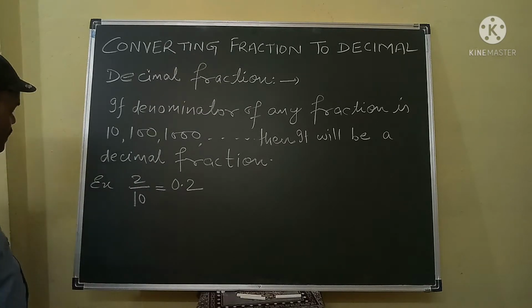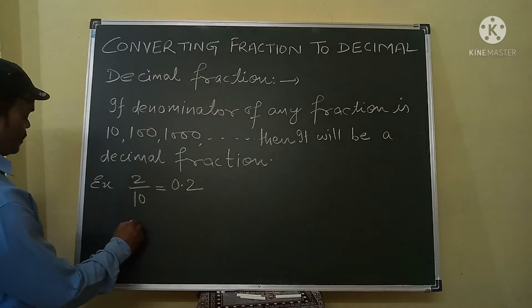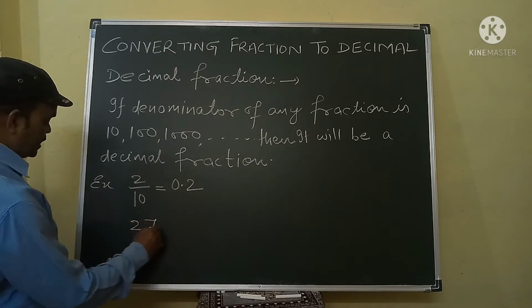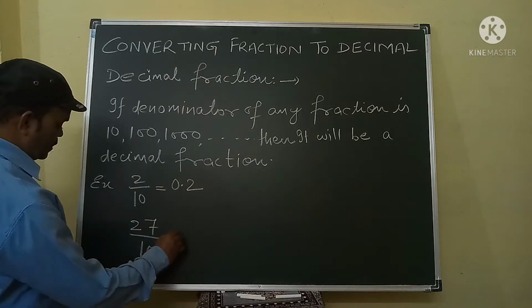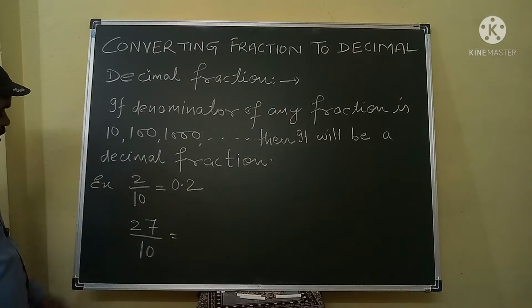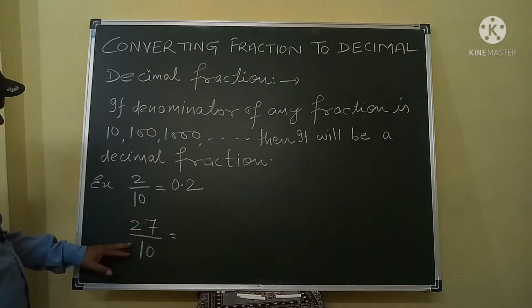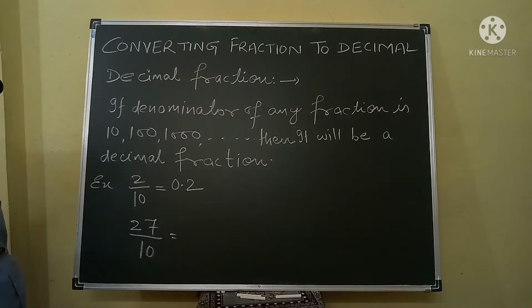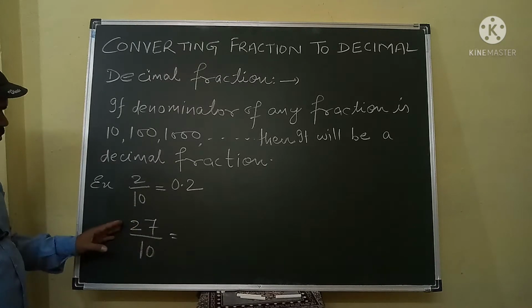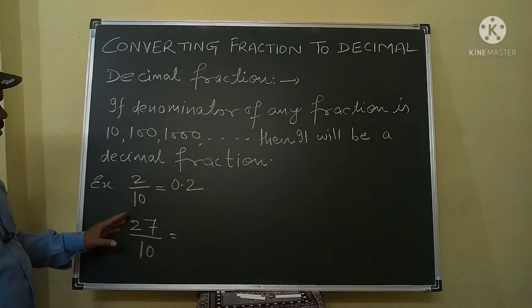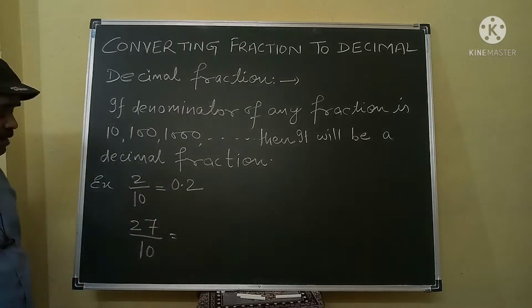In another example, suppose this is 27 upon 10. And you know very well 27 upon 10 is a fraction. This is the decimal fraction. And 27 upon 10, how will we convert to a decimal number?